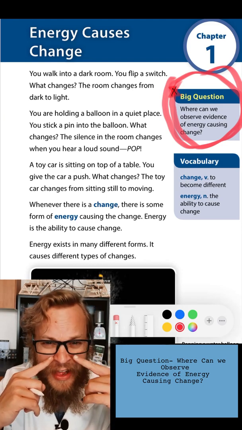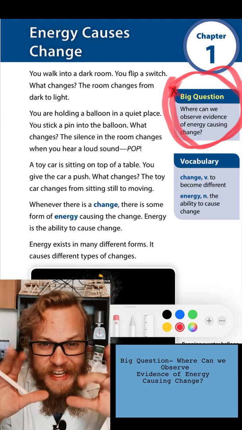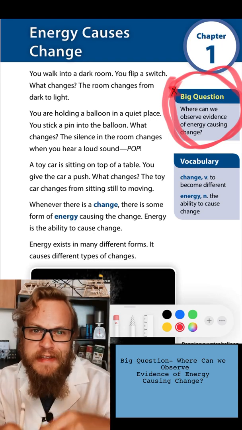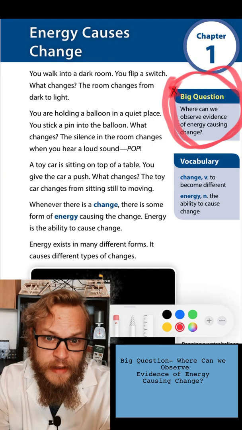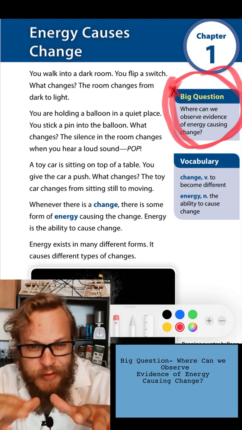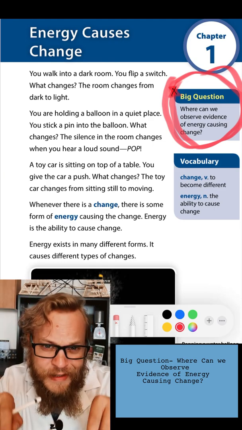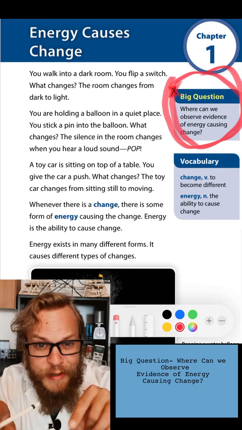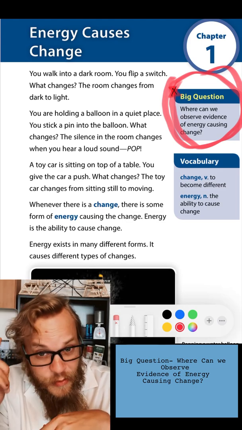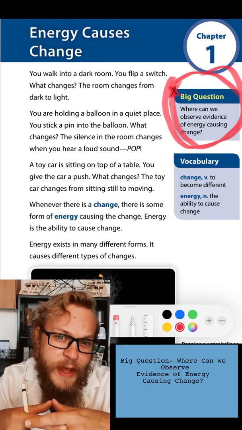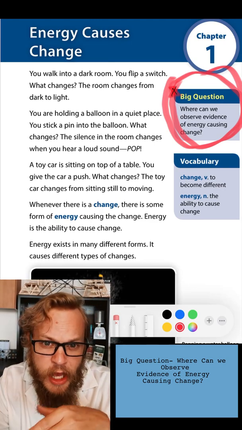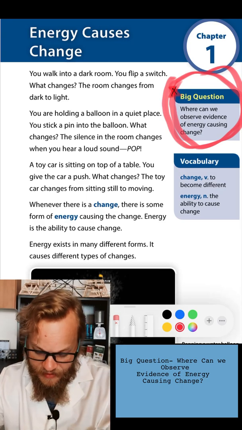Where can we smell or taste or touch energy causing change? That's our big question, what we want to focus on. And this will be a 2 to 3 sentence answer in your Google Forms that you have to answer after this video. So keep that big question in mind. Where do we observe evidence of energy causing change?